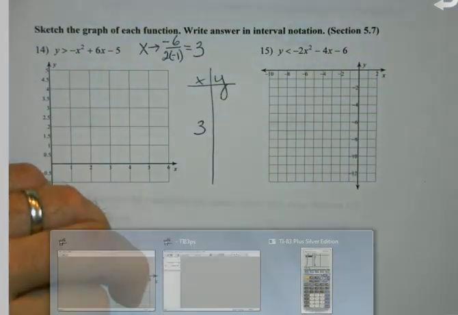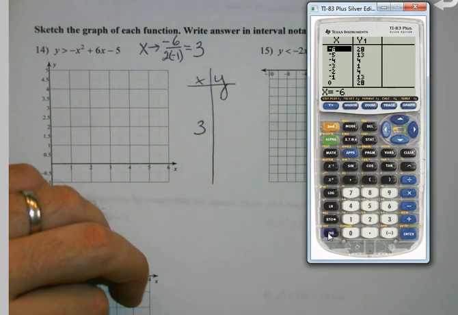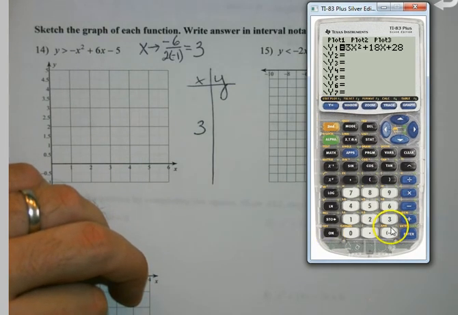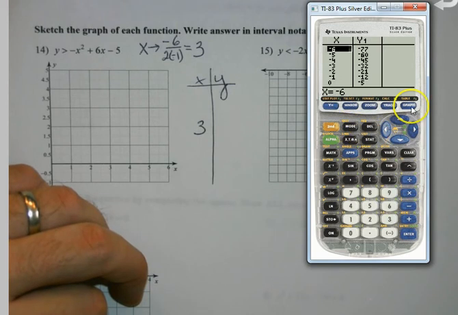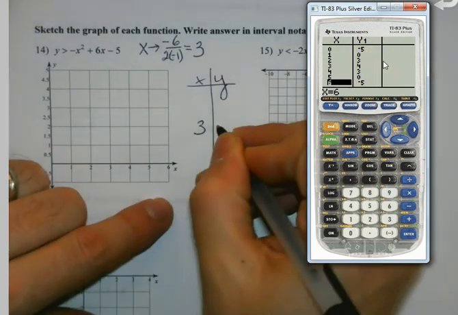And again, sometimes it's going to be a little bit easier to get this typed in on the calculator and use the chart and see if we're doing things right here. And I see my symmetry with my 3's, my 0's, and my -5's. So I'm feeling pretty good about things here.